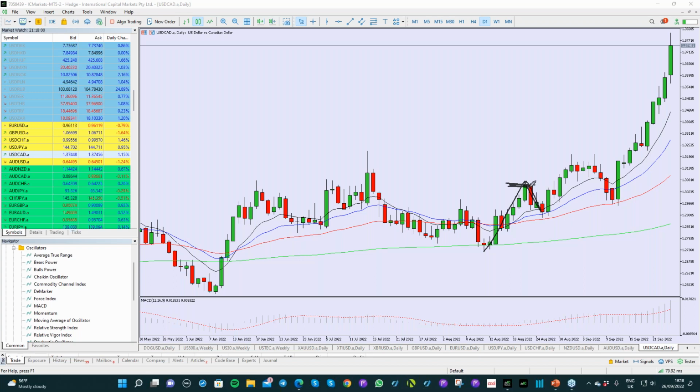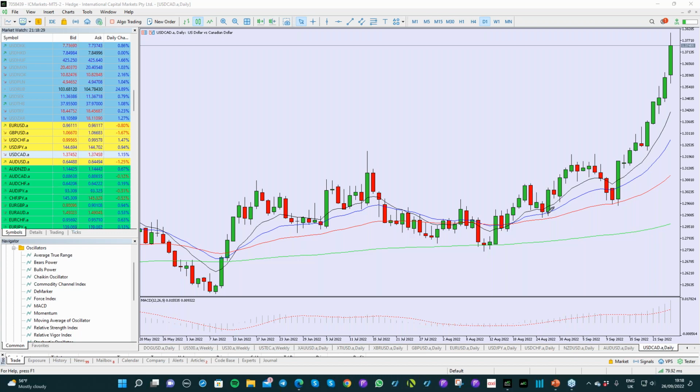But how do I know when that pullback is finished? How do I know that price is going to pull back to here and not to here or to here? Well, I can make an educated guess because I've got these moving averages on my charts. I know from past experience, and markets do tend to repeat themselves, that the market will pull back into these moving averages.